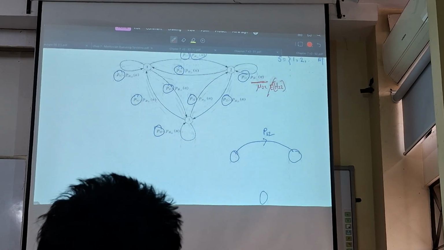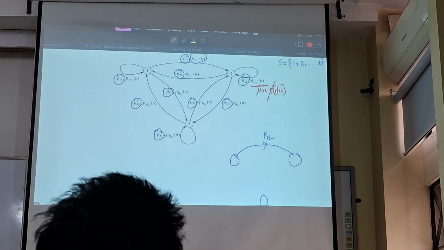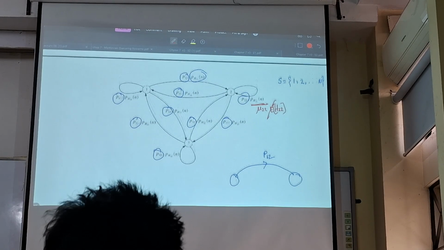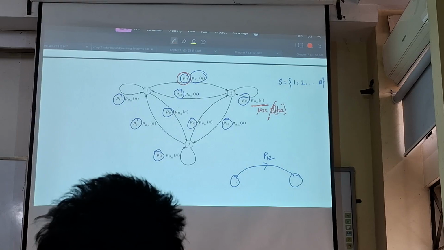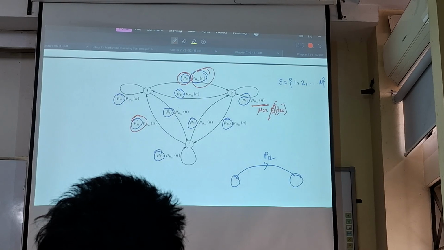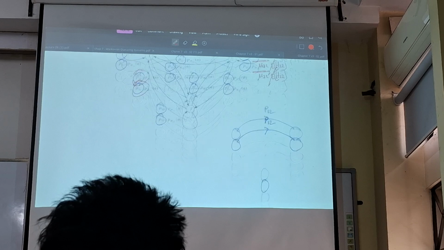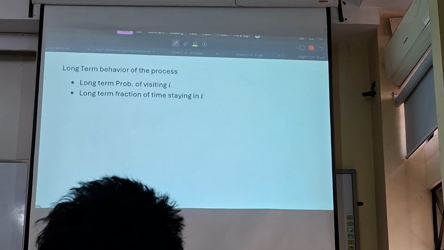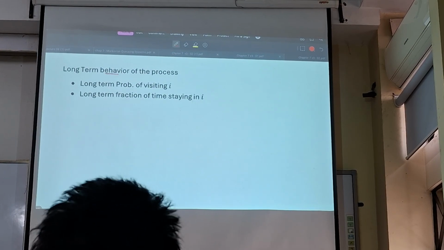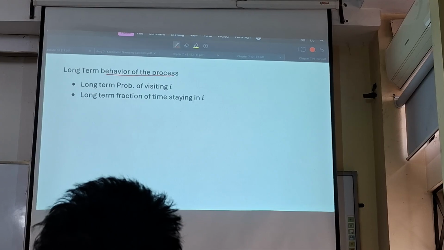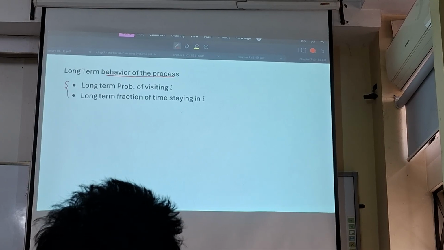Right? Now we have the chain, we have the probability matrix, we have the delay distributions. Now what are our next steps? Our next step is very simple. We want to know the long-term behavior. And the long-term behavior has two parts, as we already have discussed.